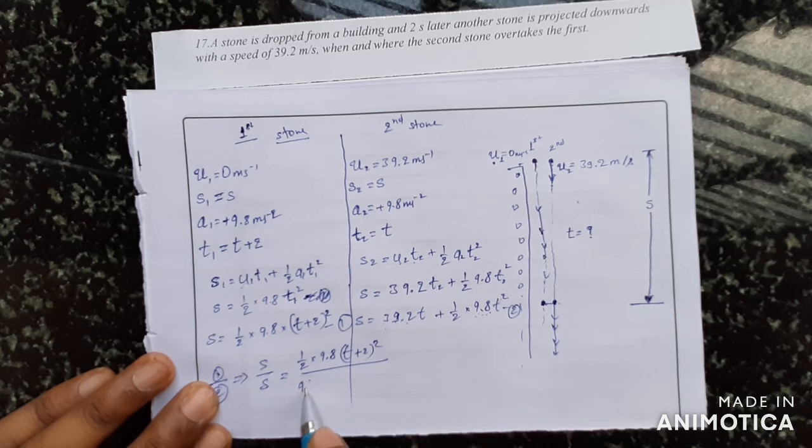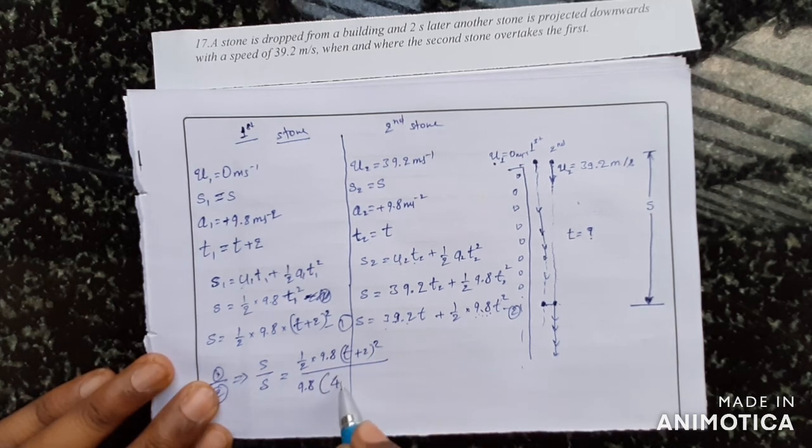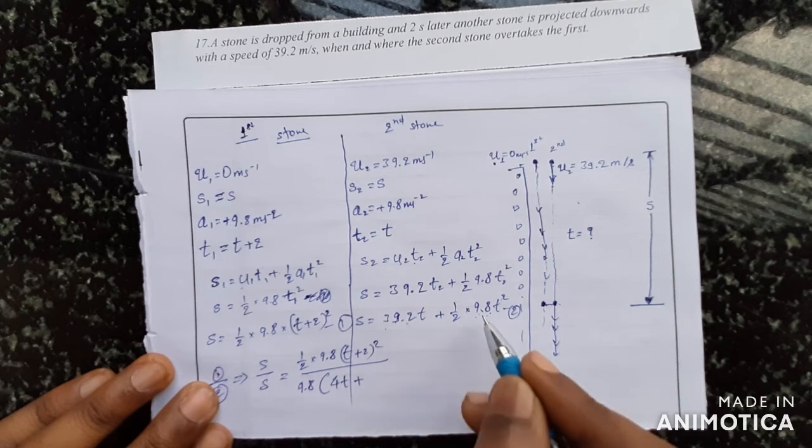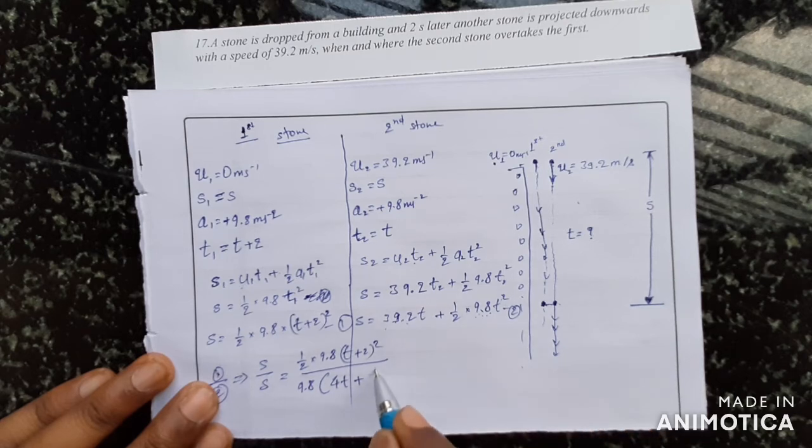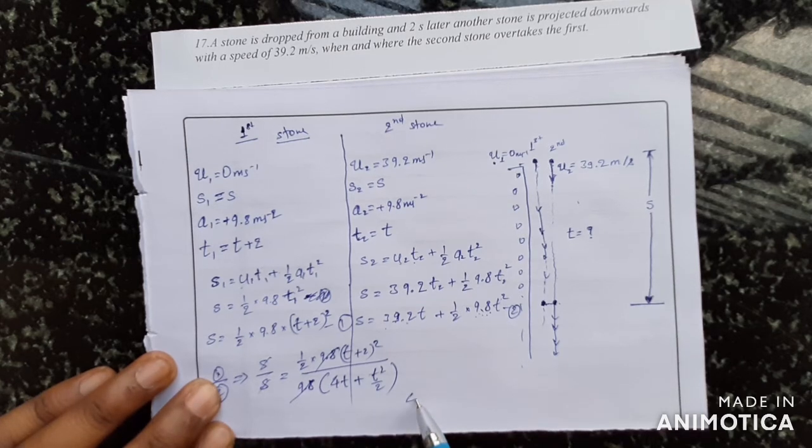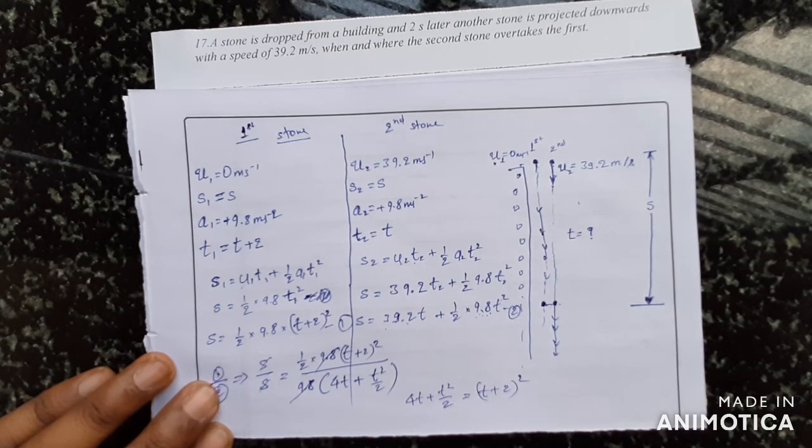So 9.8 into 4t plus 9.8 went outside, t squared by 2, 9.8, 9.8 cancels, s and s cancels. So the equation reduces to 4t plus t squared by 2 is equal to t plus 2 whole squared.